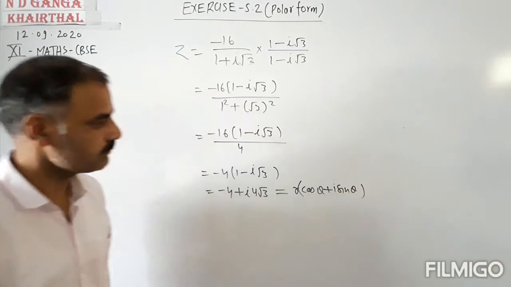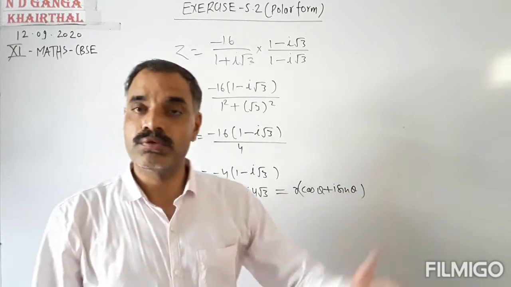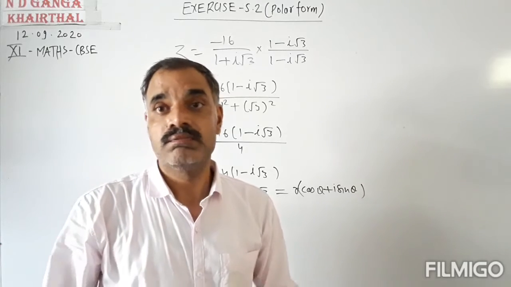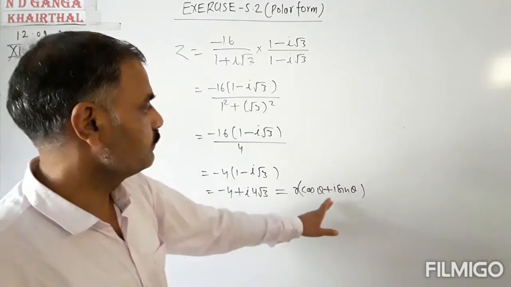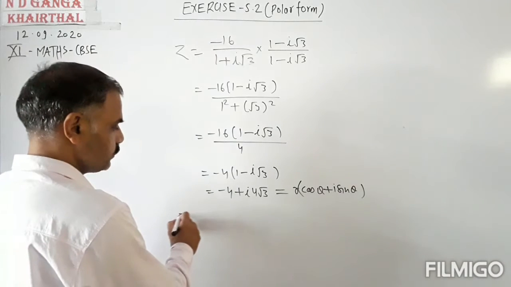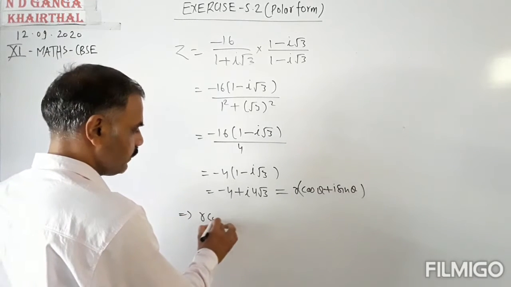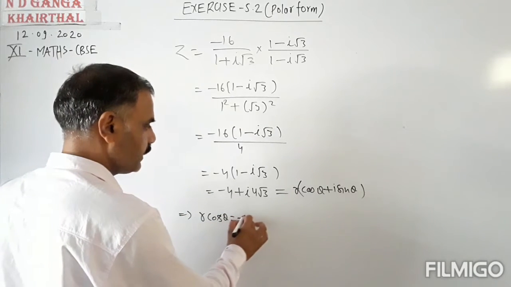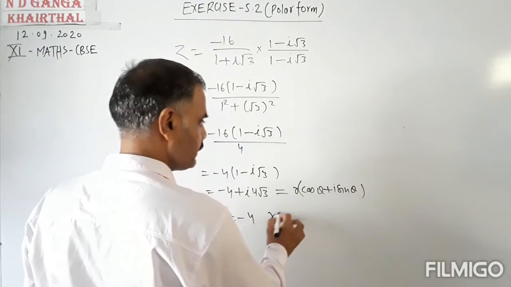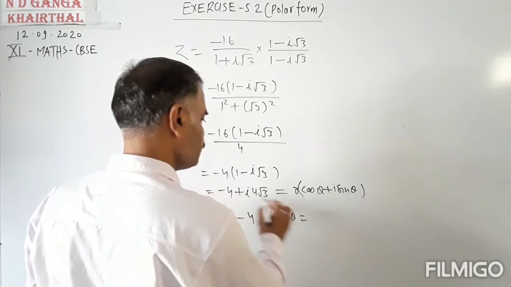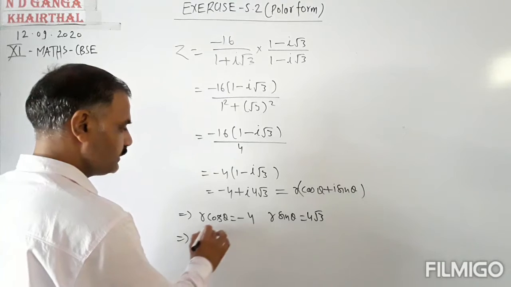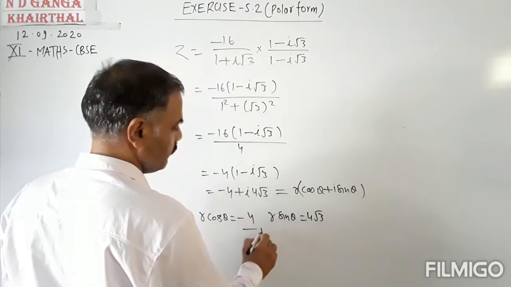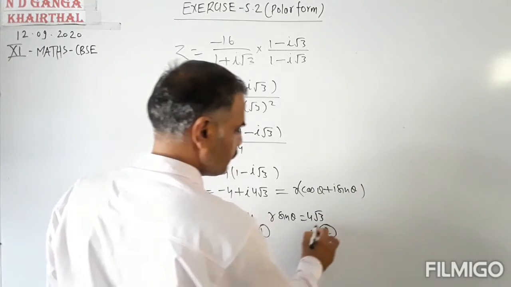This is the polar form, r cos theta plus iota r sin theta. By comparing these two complex numbers, we have r cos theta equals minus 4 and r sin theta equals 4 under root 3. This is equation number first and this is equation number second.